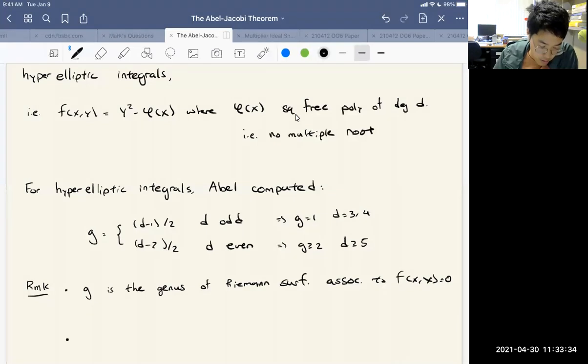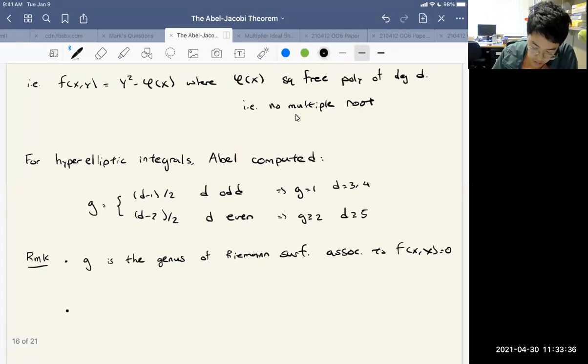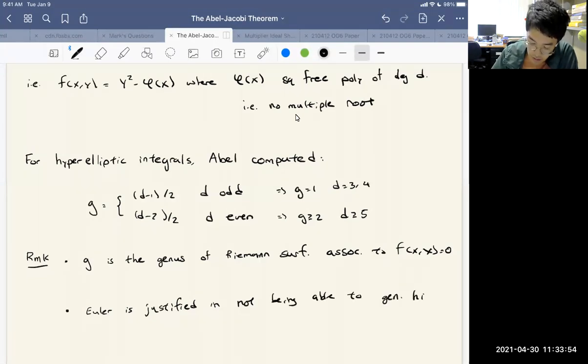And the second remark that I wanted to make is that Euler is justified in not being able to generalize his addition theorem.